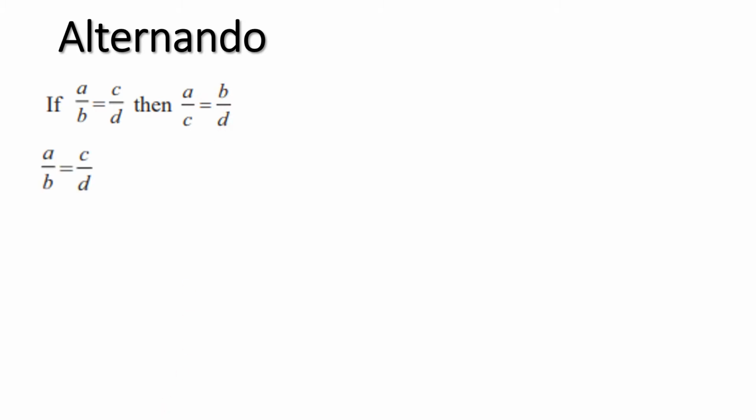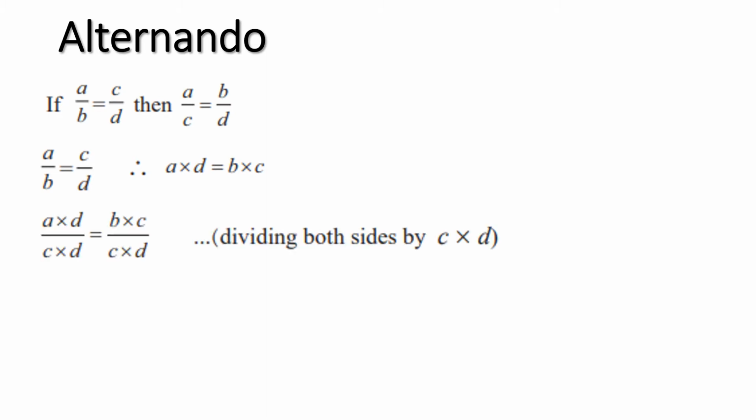Now let us start. Let A upon B is equal to C upon D. This is given to us. Then cross multiply. AD is equal to BC, means A into D is equal to B into C. Now dividing both sides by C into D. Why we have to divide both sides by C into D?